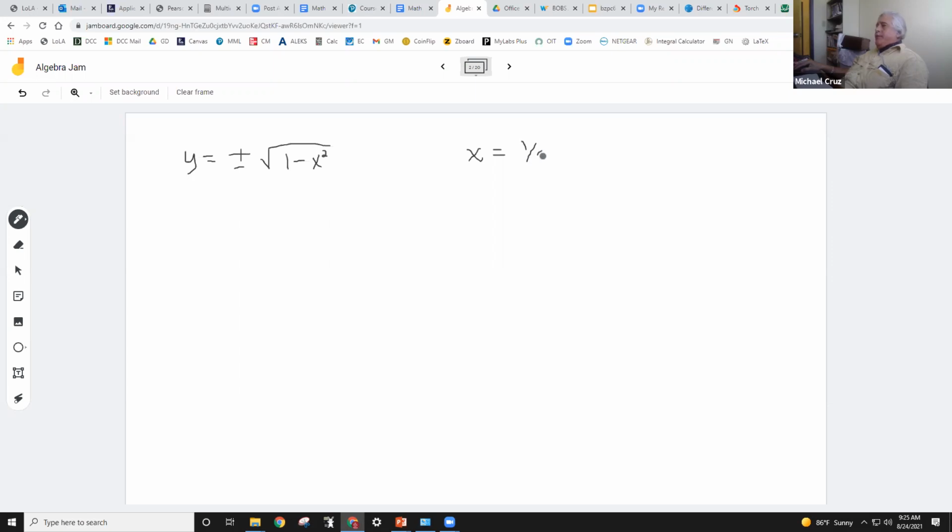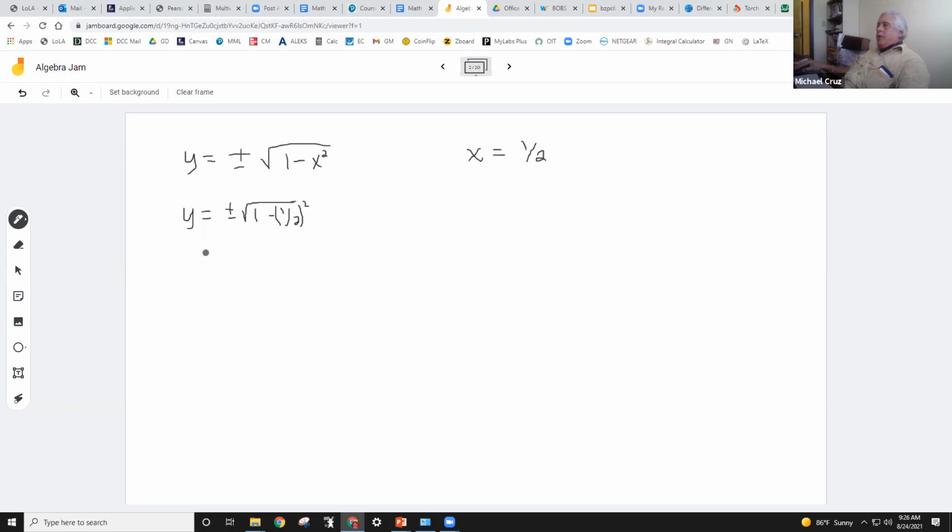Because if you make it a whole number, you're going to end up with a negative sign underneath the square root, and it'll be crazy. This is what we're going to get into a little bit later about domain values and all that. I hate to start with a fraction, but that's the only thing that's going to work here.